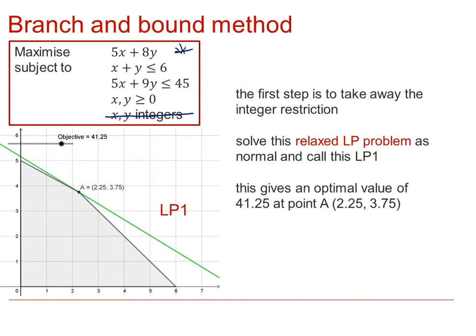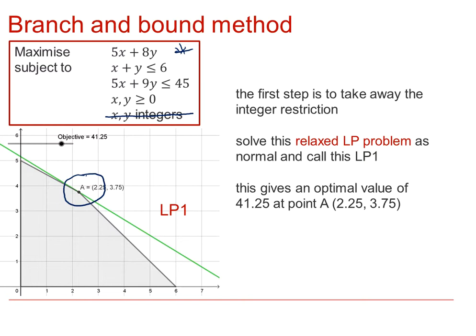On the diagram you can see that the x plus y equals 6 and the 5x plus 9y equals 45 intersect at the point A and give us the optimal value of 41.25 for the objective function at the point A, 2.25, 3.75.